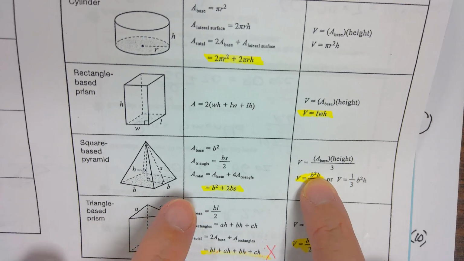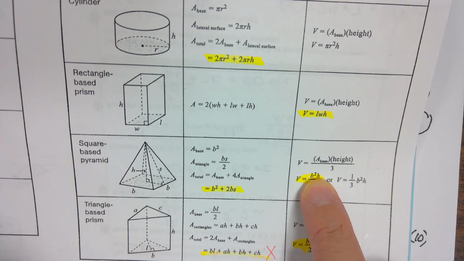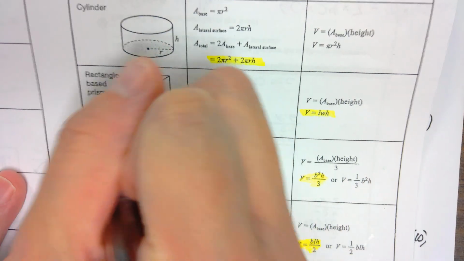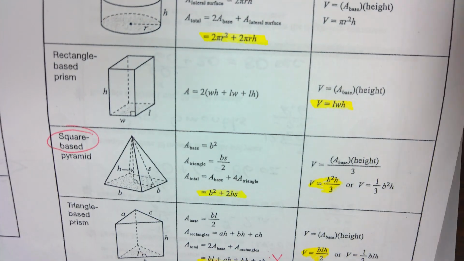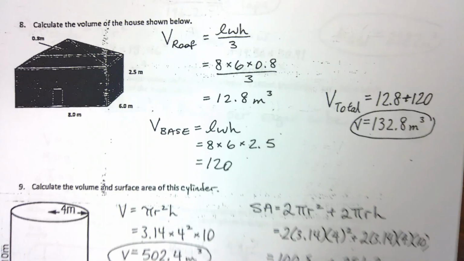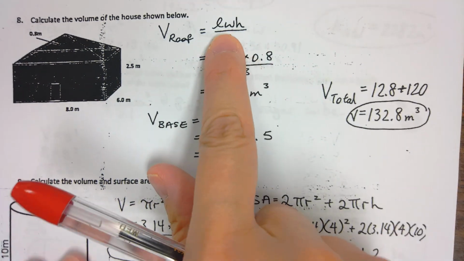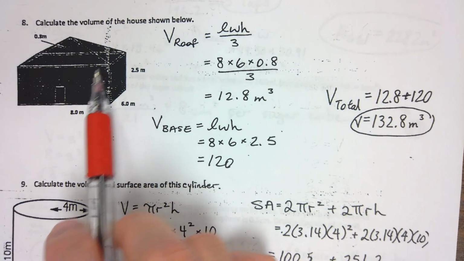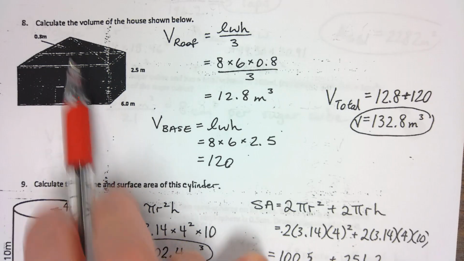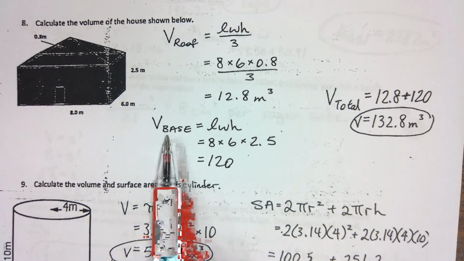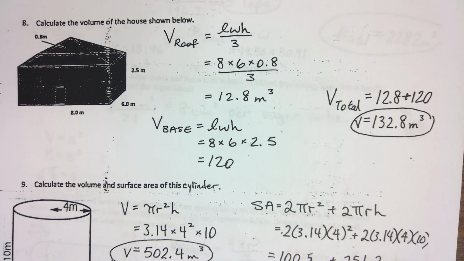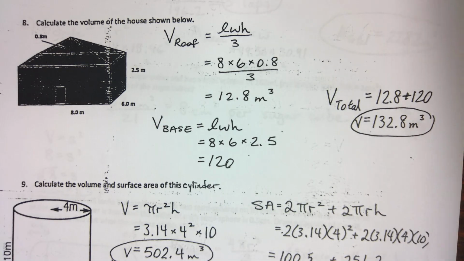So it will be length times width times height divided by 3. Looking at the dimensions of the roof, it's just the 8 by 6 by the 0.8 divided by 3. And then the base added together, you get your total volume.